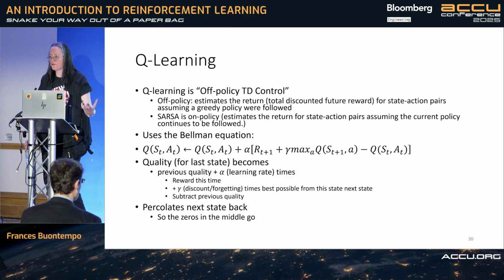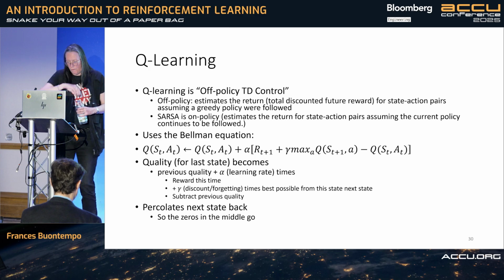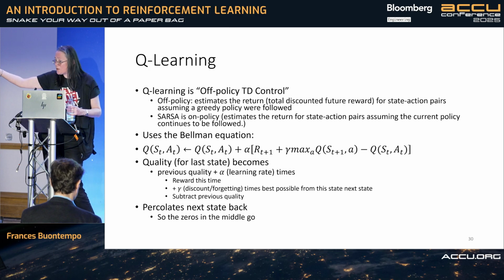Now, you might not want to add all of that. You can add a learning rate. And lots of AI algos have got learning rates in. I think I set it to 1 in my code, but it's just something you can tweak. And that's going to percolate the end numbers into the middle.